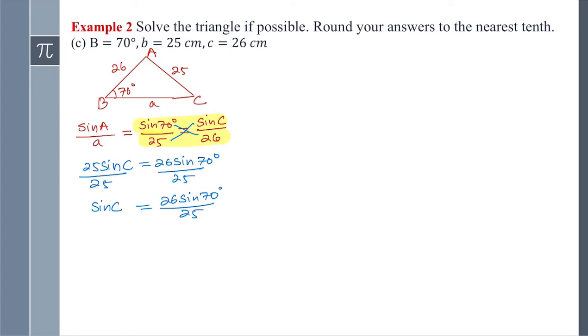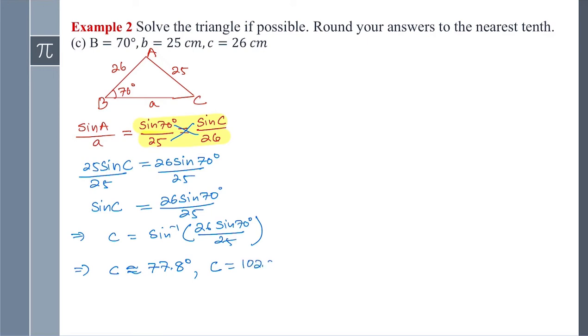And then to find angle C, we take the inverse sine of this. Now if we put this into the calculator, we get approximately 77.8 degrees. Now we need to find the obtuse angle. If you subtract 77.8 from 180 degrees, the other value is C equals 102.2 degrees.